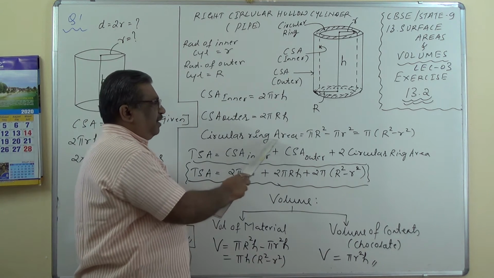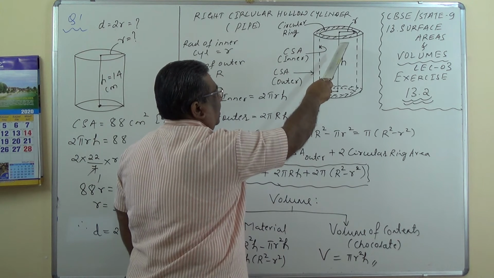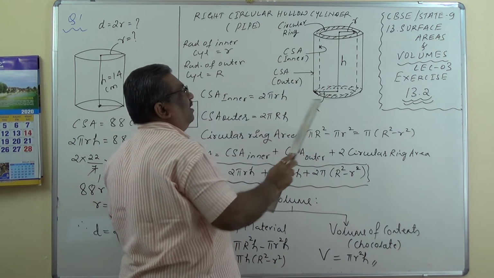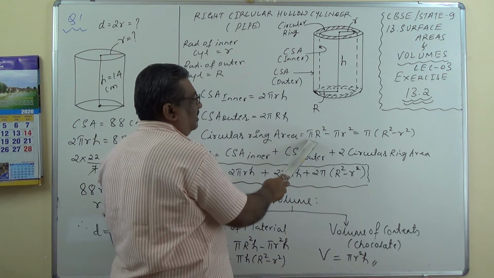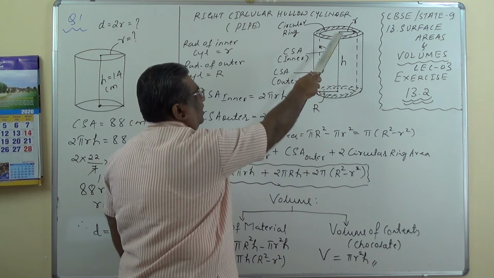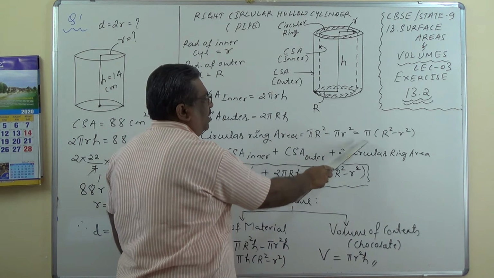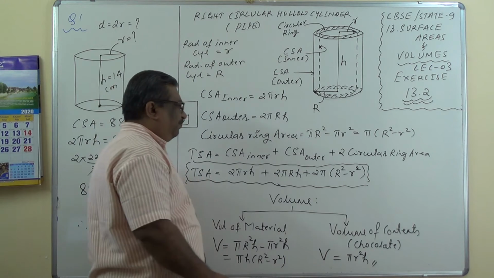So the circular ring area is equal to outer circle area minus inner circle area. Therefore outer circular area is pi capital R square, minus inner circle area is pi small r square. So pi times capital R square minus small r square.